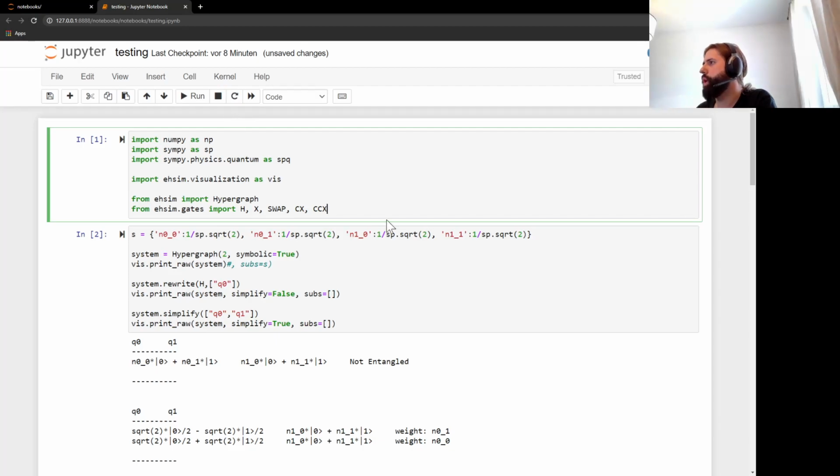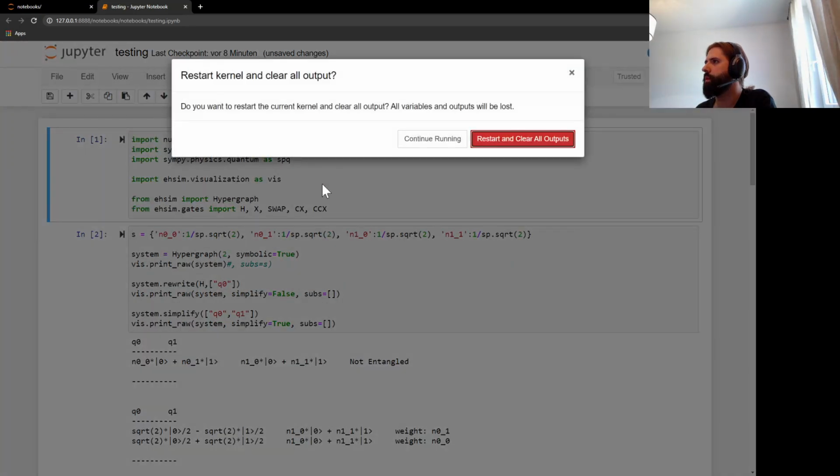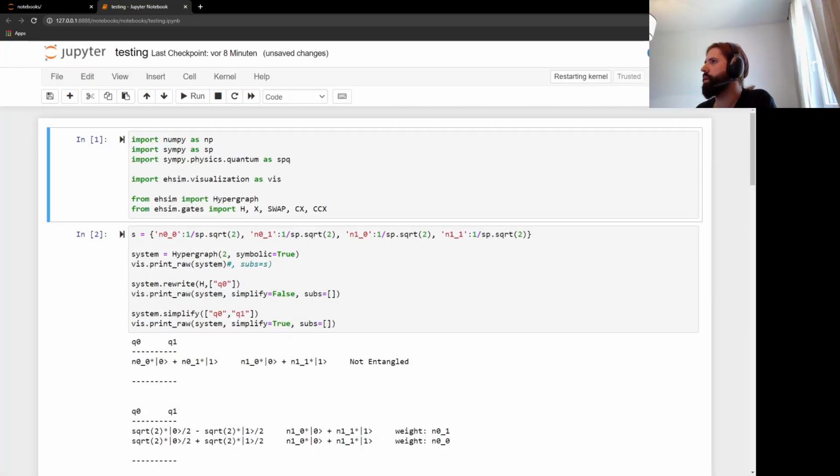Why is it so slow? God. Maybe I didn't click it. Why is it so slow? Simplify. So that just simplifies stuff.